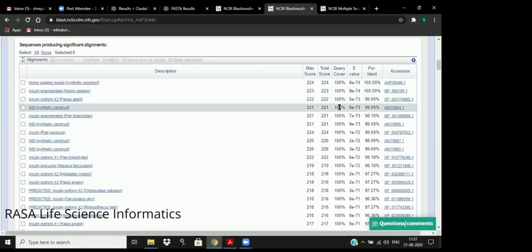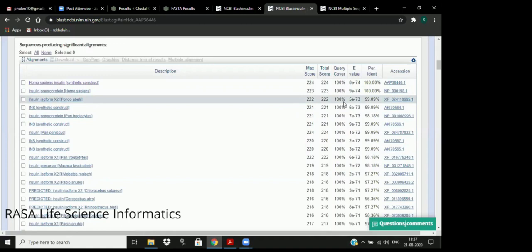What does it mean? It means that all 110 amino acids are aligning with Pongo species. The first two I'm not interested in right now because they are the same sequences as my query. So if I have to extrapolate the data, I'll extrapolate it from Pongo. So here I'm getting 100% query coverage.